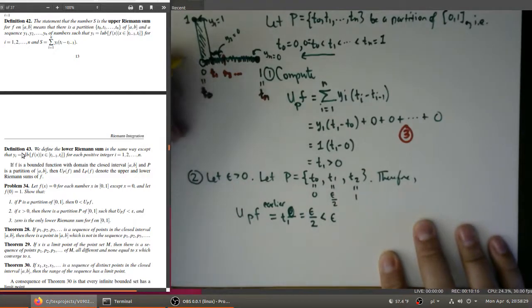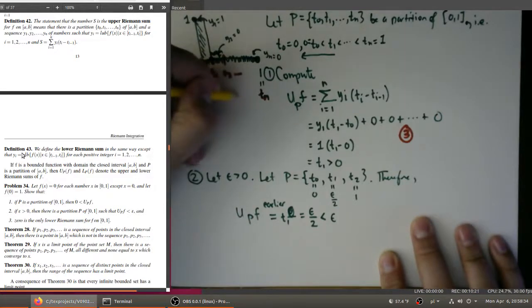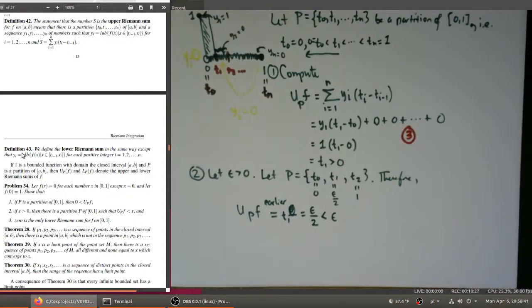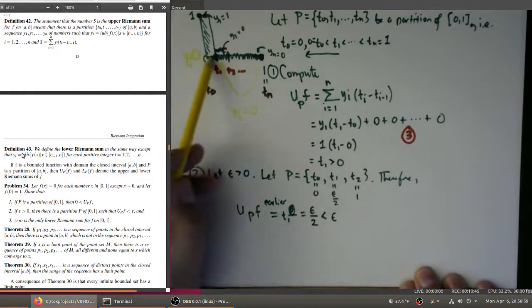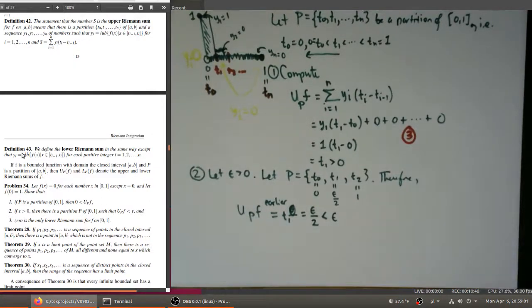If y1 for a lower Riemann sum is 0, and all these are also 0. So what that means is, because I'm picking lowest bounds, I'm always picking the minimums if there is a minimum, or I pick the smallest, first point to the left. But no matter what t1 I pick, I still have a gap between 0 and that t1. Therefore, I'm always going to pick the height of 0 there, and that's all I need.